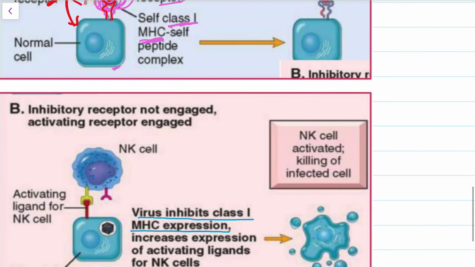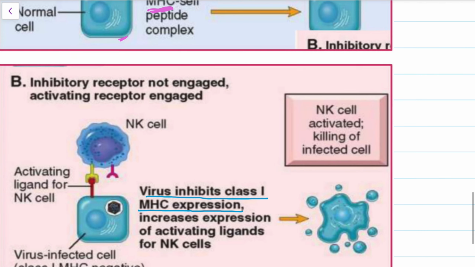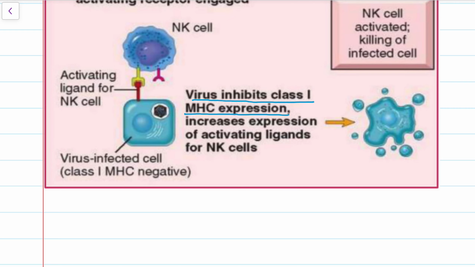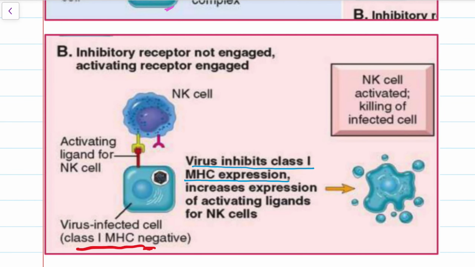Whereas in a virus infected cell, these viruses actually inhibit or downregulate the class 1 MHC. Therefore, the virus infected cells are class 1 MHC negative cells. Therefore, there is absence of an MHC class 1 molecule.